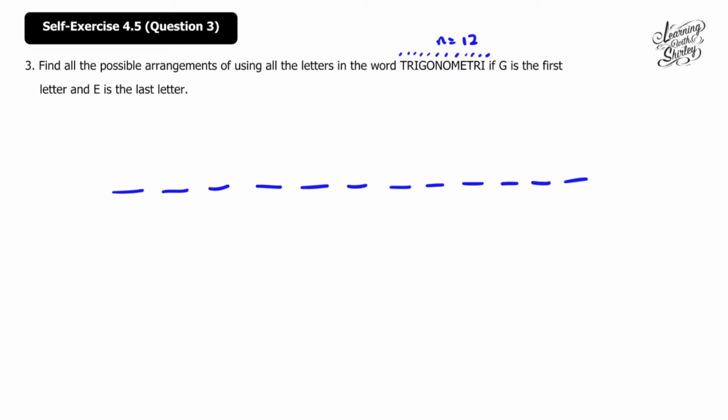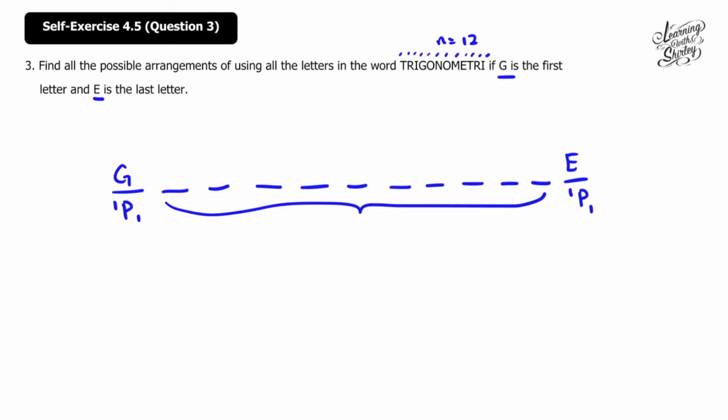Okay, and then they say that G is the first letter and E is the last letter. So for the first one, it will be 1P1, one way, and the last space will be 1P1 as well. And then there are 10 remaining spaces, so it will be 10 factorial. And then there are repeats; let's look at the word trigonometry again.